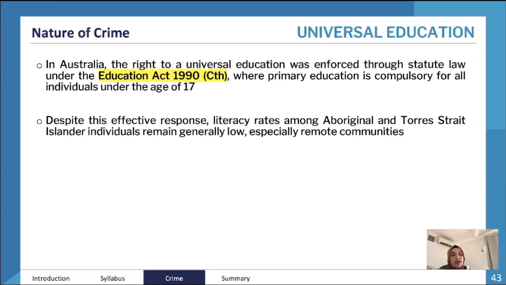So that can highlight an area of ineffectiveness within the system, even though we have these concepts in place, such as compulsory education. We still see that there are improvements that need to be made to the system to allow more equitable access to the benefits of having compulsory education.